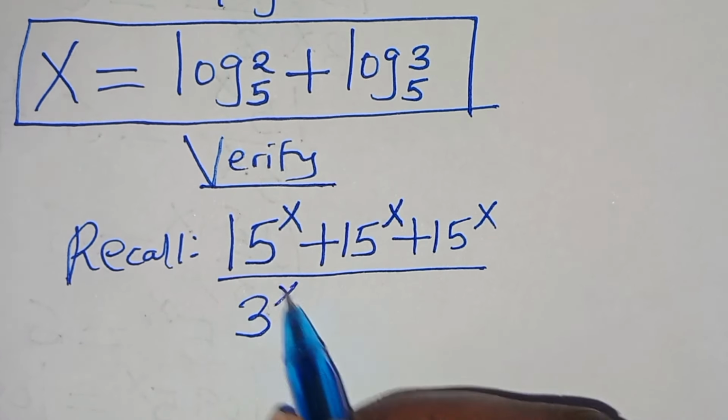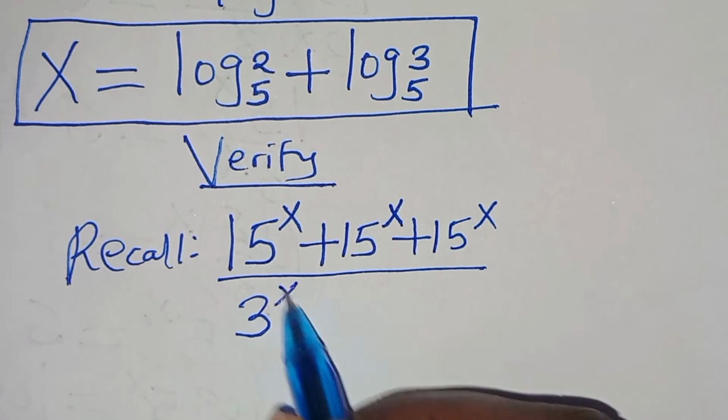This is equal to 6. So we have 15 to the power of x times 3 divided by 3 to the power of x times 3. This should give us a value of 6. So 3 and 3 simplify.